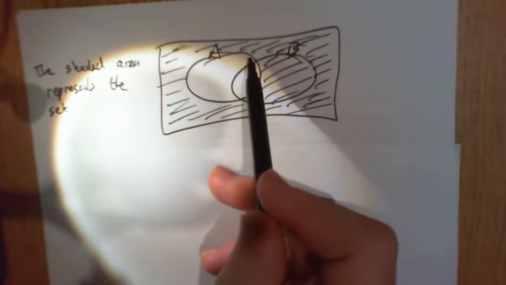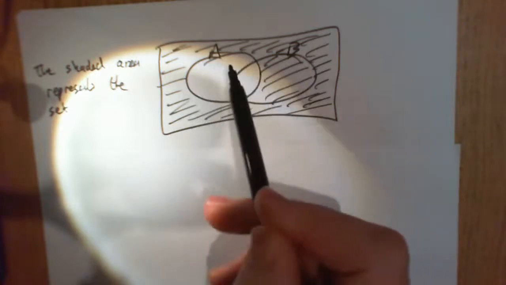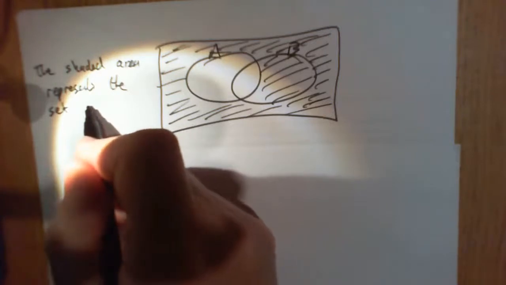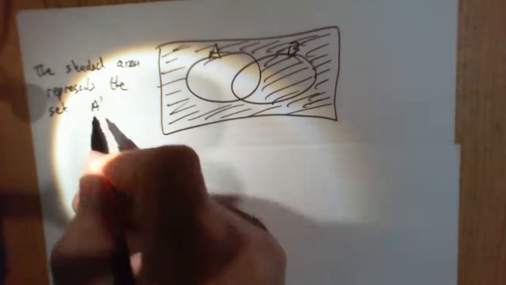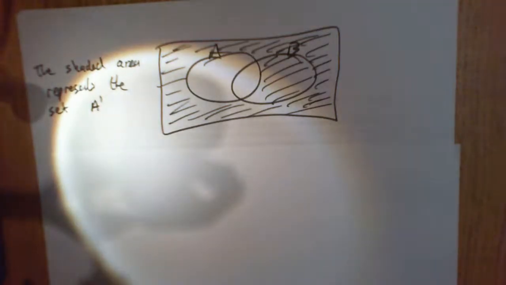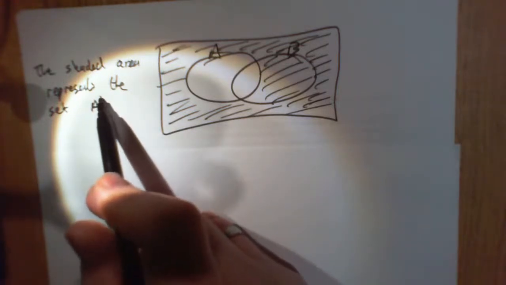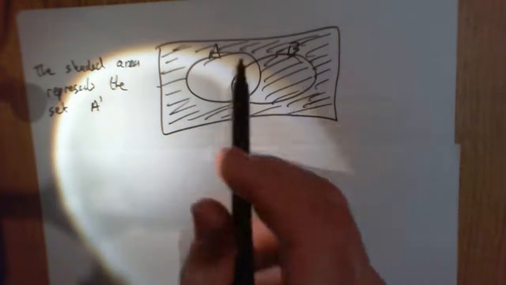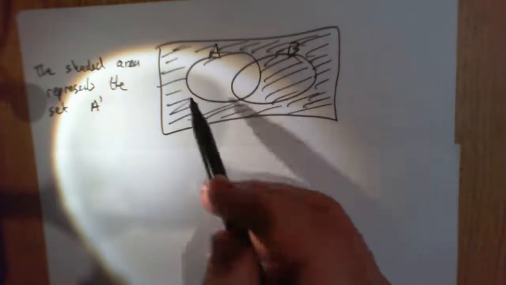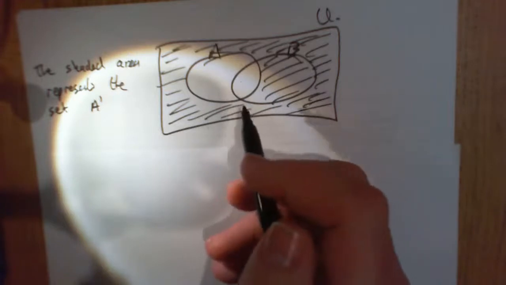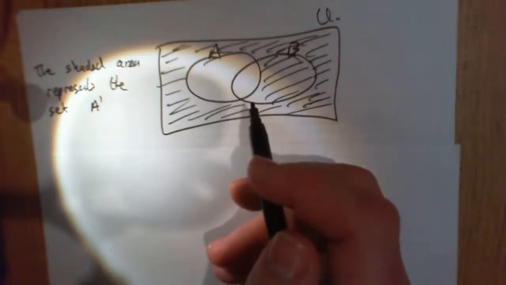Well, it's everything that is not an A. So we're looking at another not, aren't we? So it represents A complement. A with an apostrophe means not A, everything that's not an A. And that is true. We've shaded in everything in the universal set that's not an A. So there's just a little quick thing.